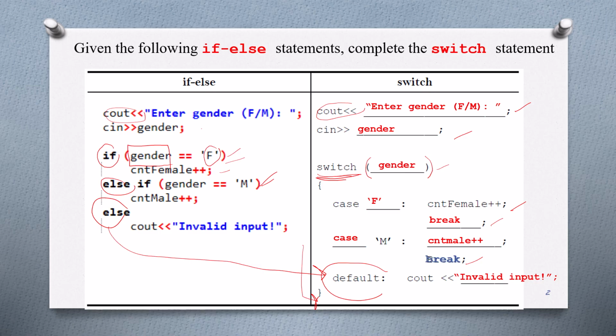Next one, invalid input. If gender does not meet any of the cases, then you go to the default section, by displaying an error message.